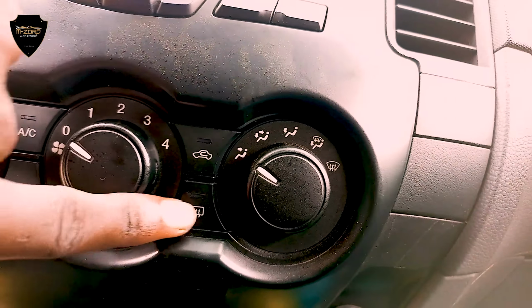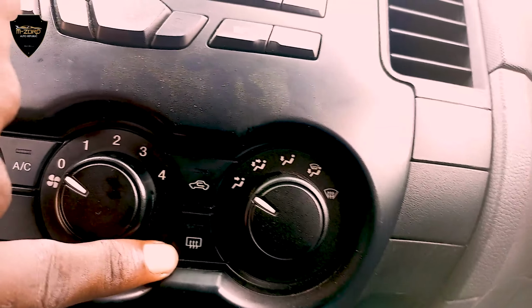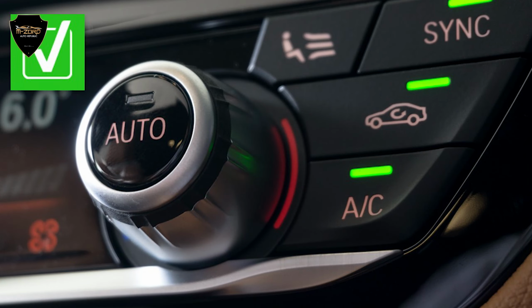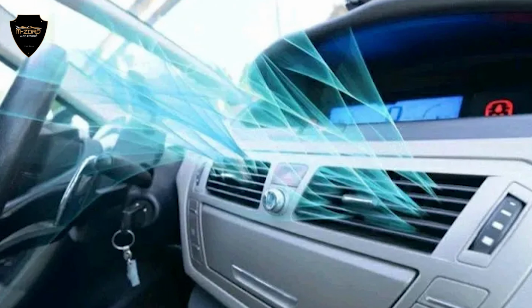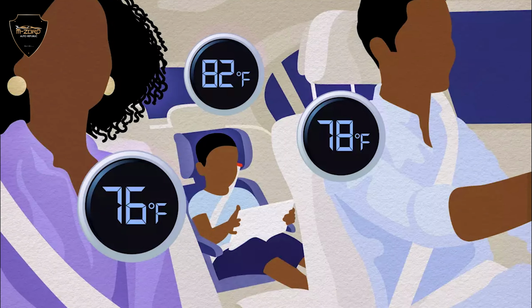I also want to talk about the sync or dual mode that some cars have. It happens in new cars. That simply means you can have two different climates for the driver and the passenger. The coolness of the air blowing to the driver can be different from the one blowing to the passenger, but there's always a way to sync them together.